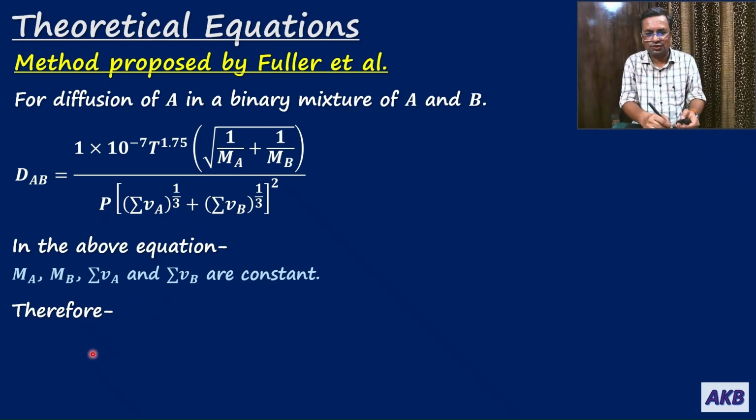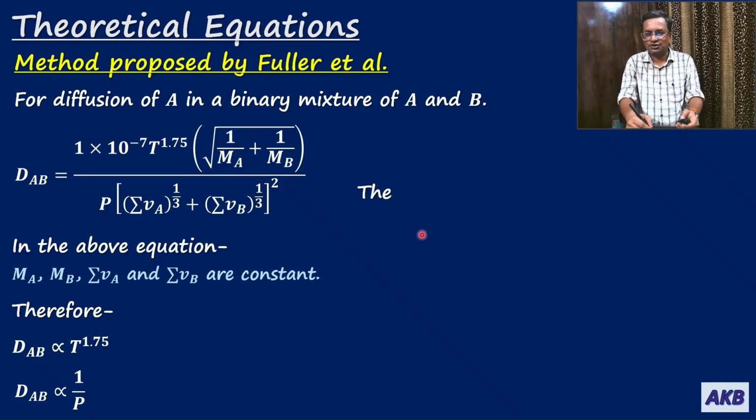So that means according to this equation, DAB is directly proportional to T raised to 1.75 and it is inversely proportional to pressure, that is P. If you combine these two, you get this relationship: DAB is directly proportional to T raised to 1.75 divided by P. So according to the equation proposed by Fuller and others, DAB is directly proportional to T raised to 1.75 and inversely proportional to P.